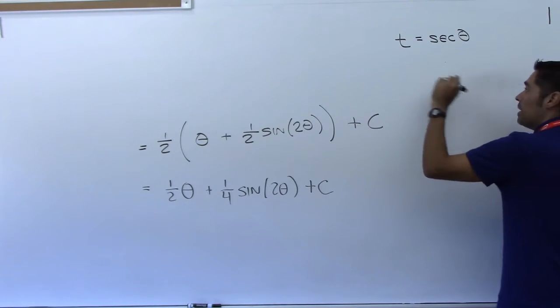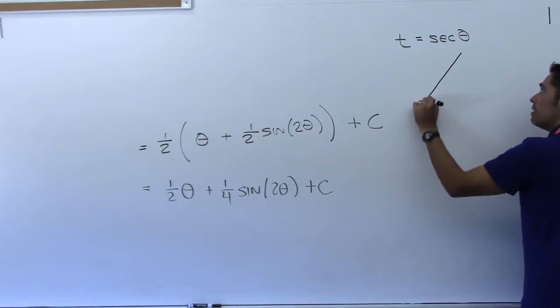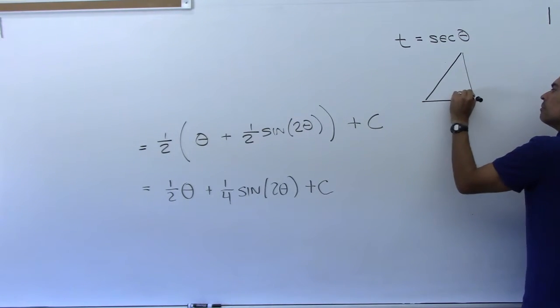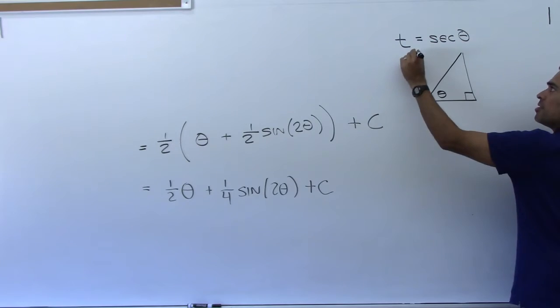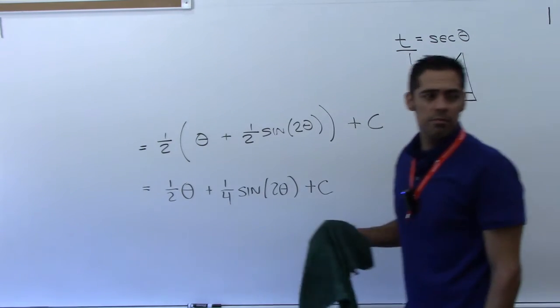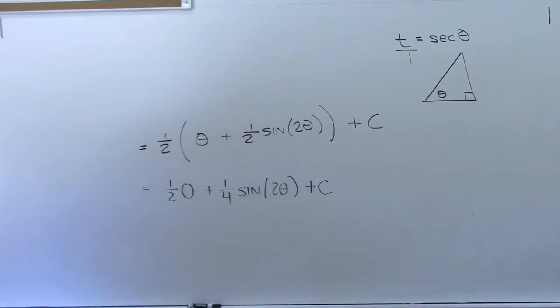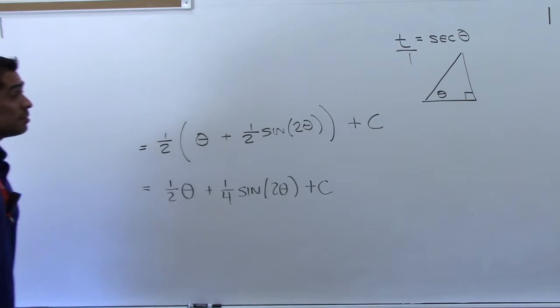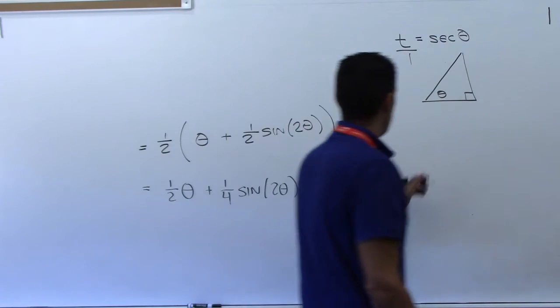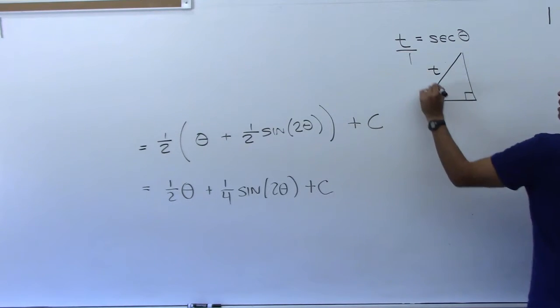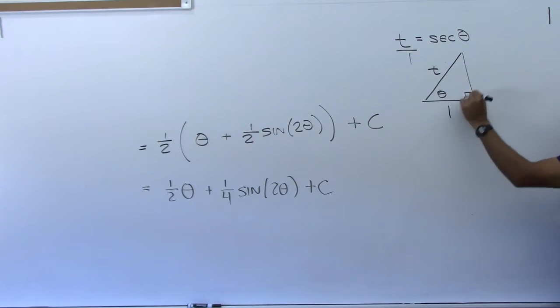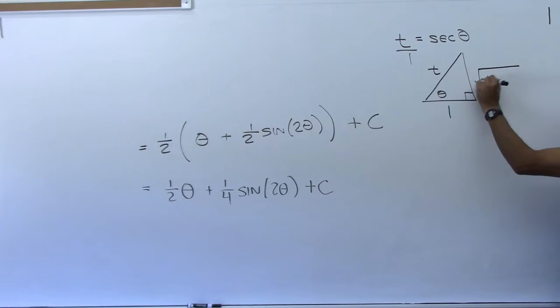And that means that I can draw it right now, can't I? Remember, t is like t over 1. Create your fraction that way because you don't have a number to divide through by. Secant's the reciprocal of cosine. So hypotenuse is t. Adjacent's 1. Opposite square root t squared minus 1.